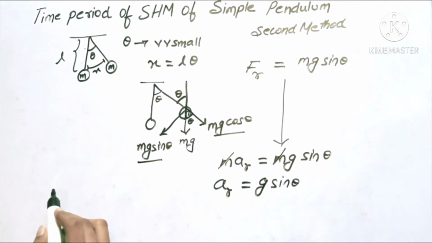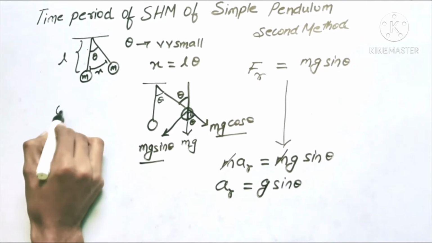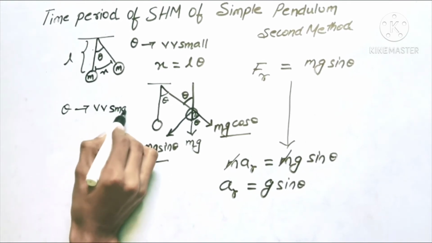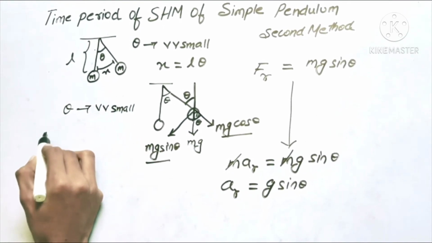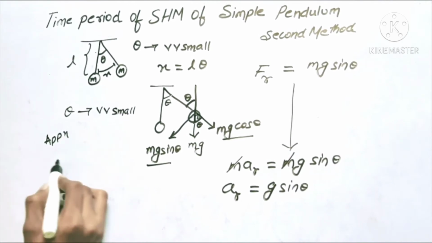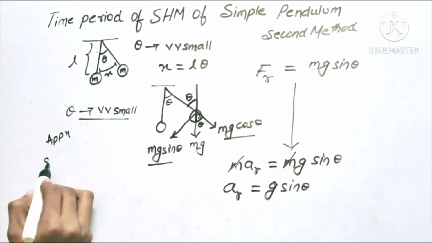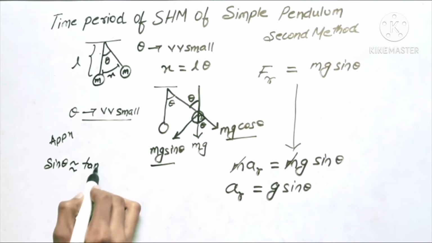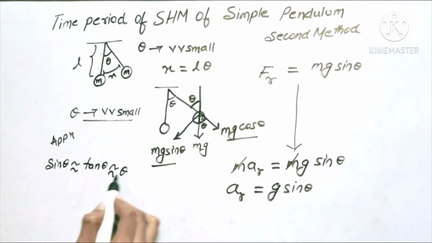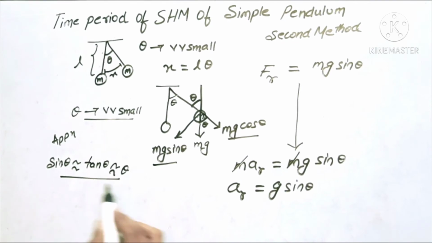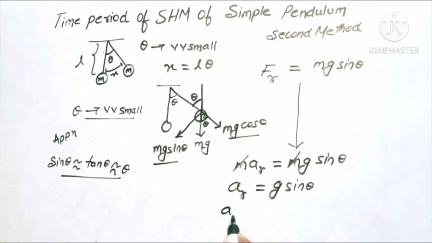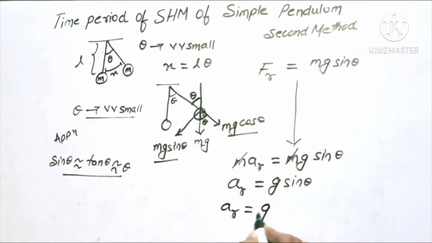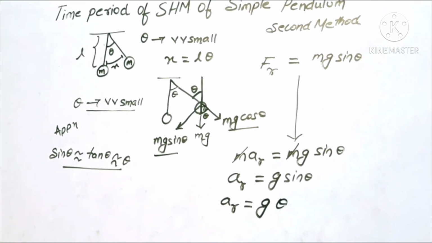As we have assumed this theta to be very small, we know this approximation, that when theta is very small, sine of theta is nearly equal to tan of theta, which is nearly equal to theta. So we will use this approximation here, and we will write a_R, that is restoring acceleration, is equal to g theta.